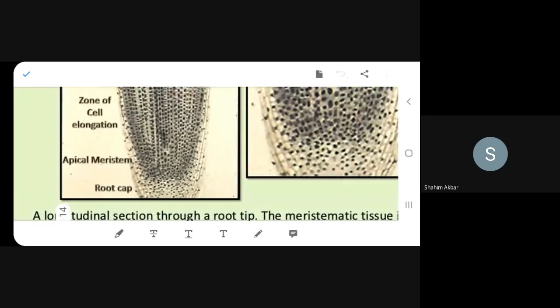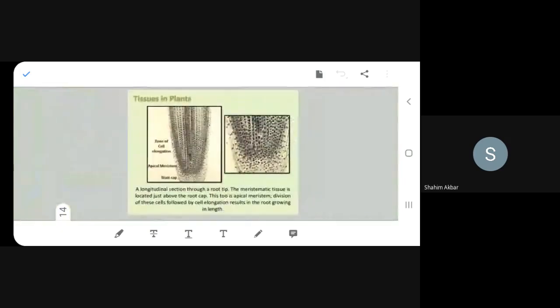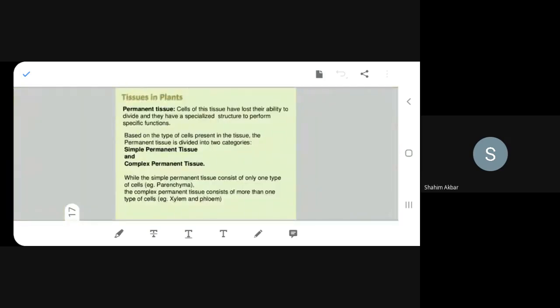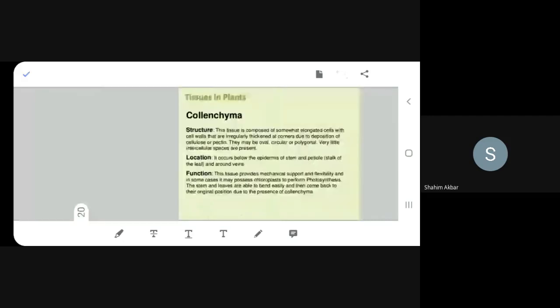How does our body move? Yes, Fazil. Which are the tissues helping for the movement of the body?